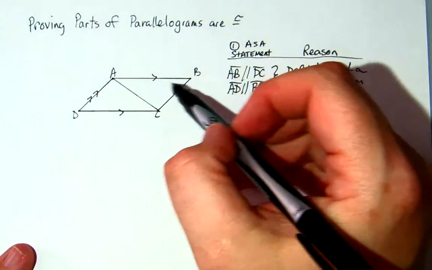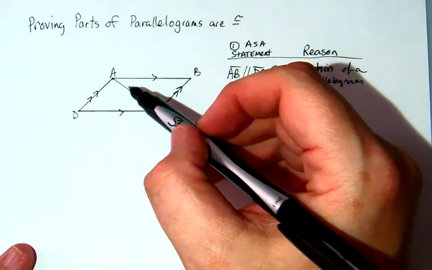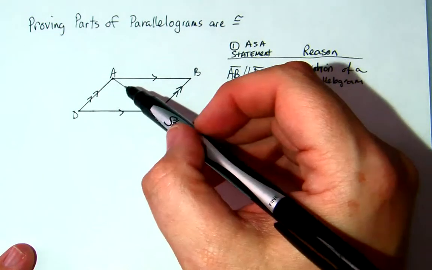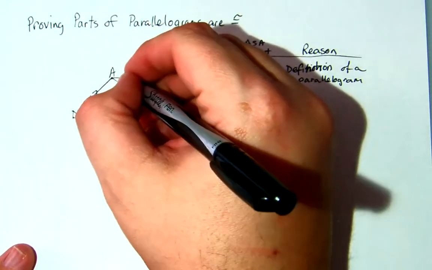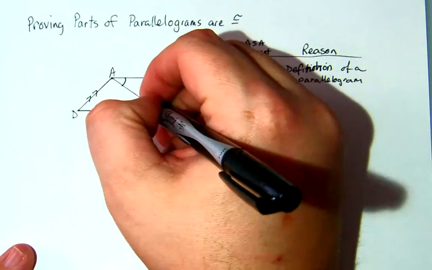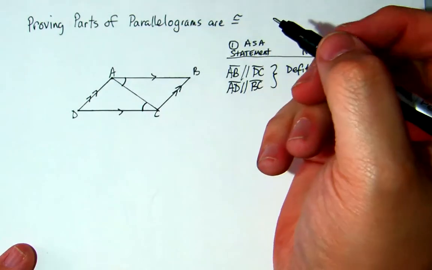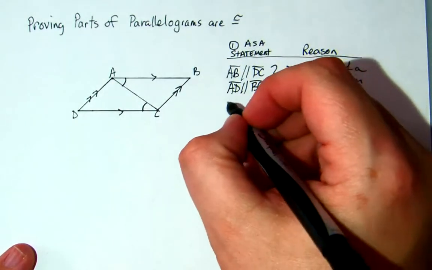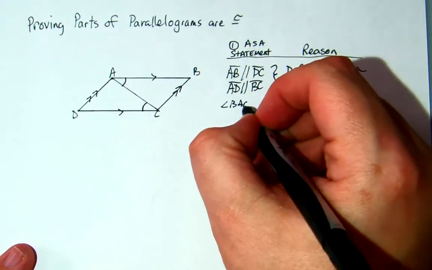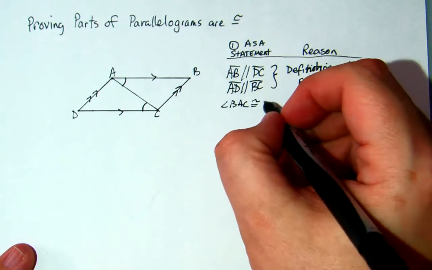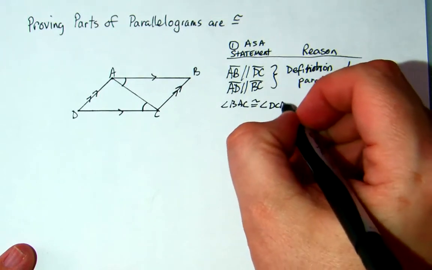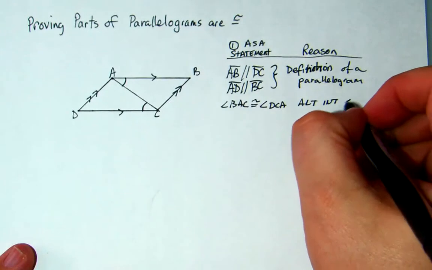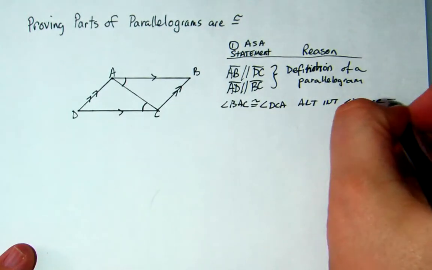Now, if you have two parallel lines and AC is a diagonal, we actually have two angles. This angle right here and that angle right there are alternate interior angles. So we can say that angle BAC is congruent to angle DCA because alternate interior angles are congruent.